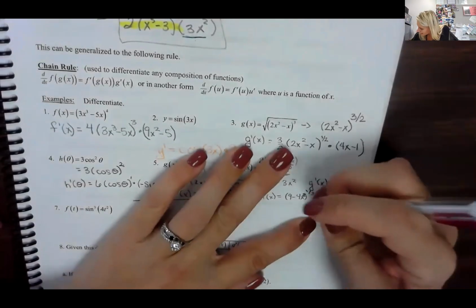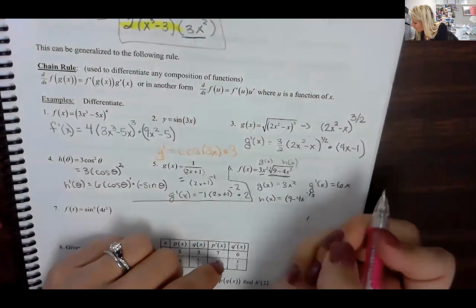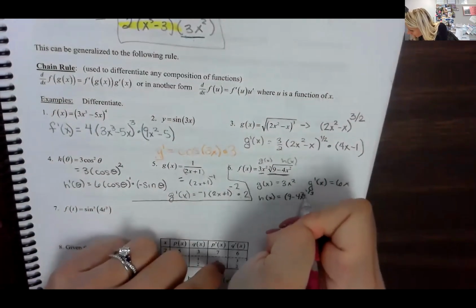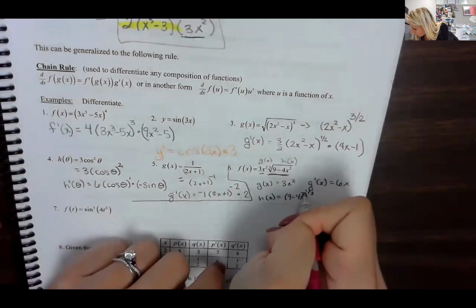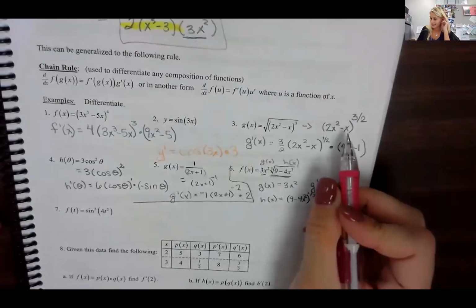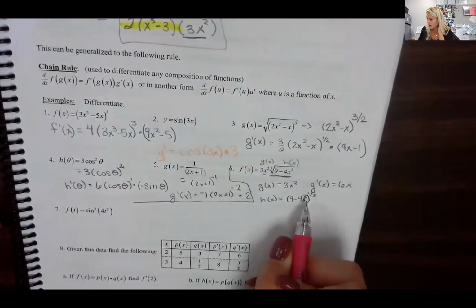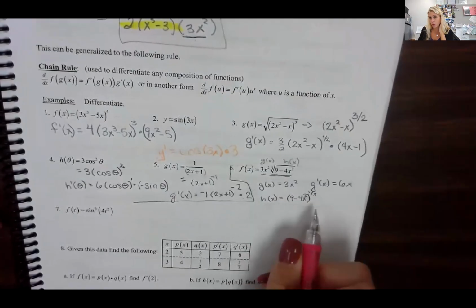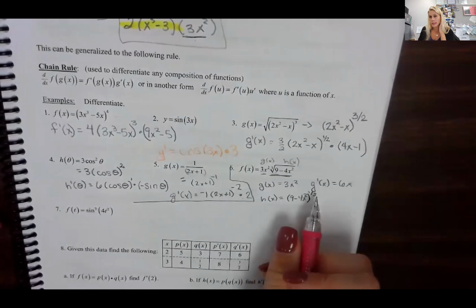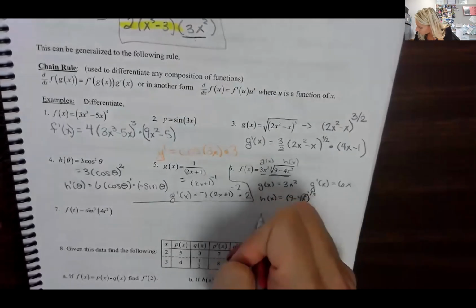Let me write this a little bit clearer, because there's one thing I want to point out. In this case, I cannot multiply that 1/3 like I did up here with the 1/2. Okay? I have to see that this is a chain rule right here. The outside is to the 1/3. The inside is the 9 minus 4x squared.